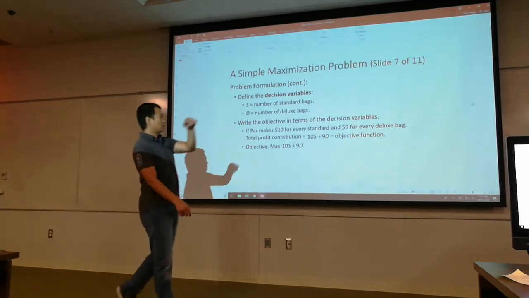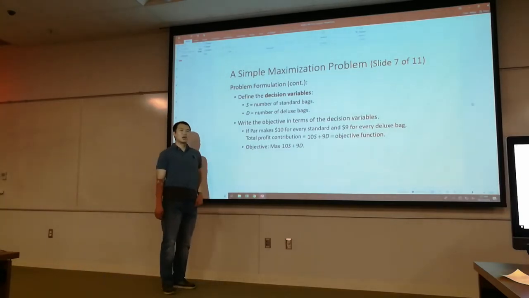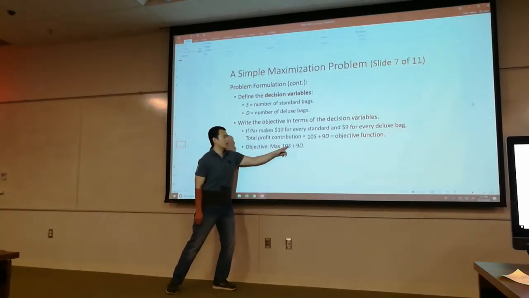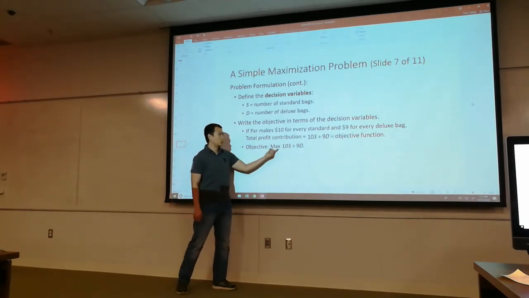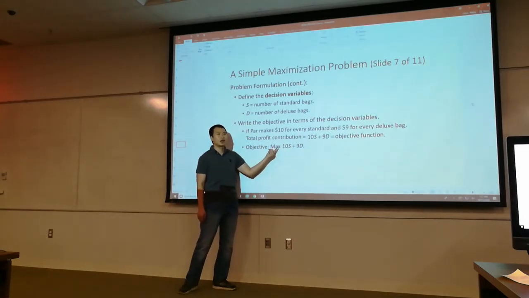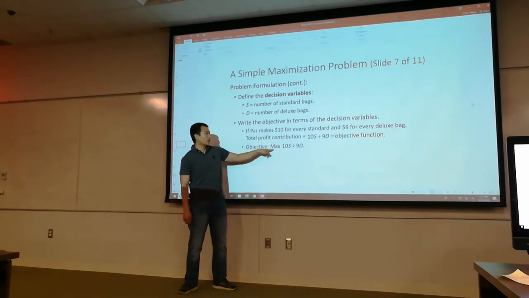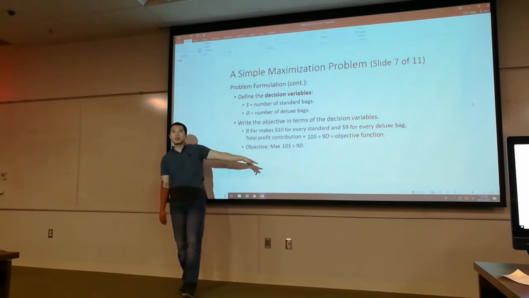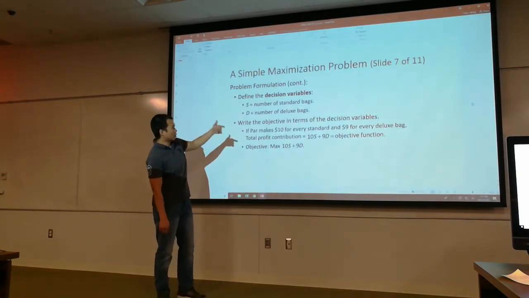So that's our objective function. Then in the mathematical form is 10S plus 9D. And we have one more term, max. So you need to tell us, are you going to maximize this function or minimize the function? That's very important. You need to tell people you are going to maximize this function. So that's the same variables and our constraints.